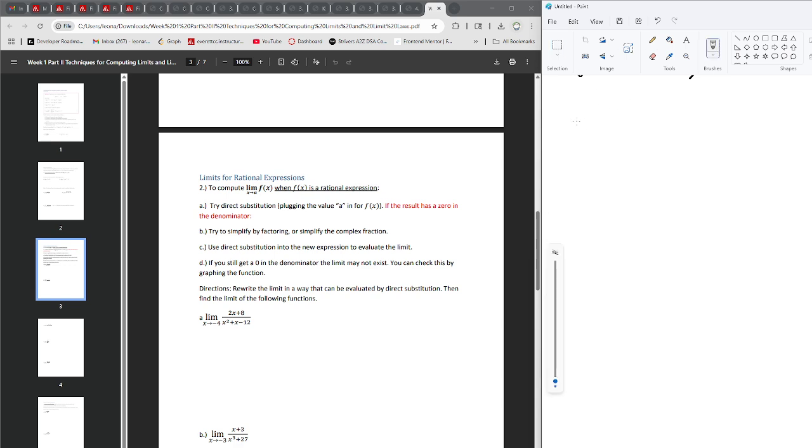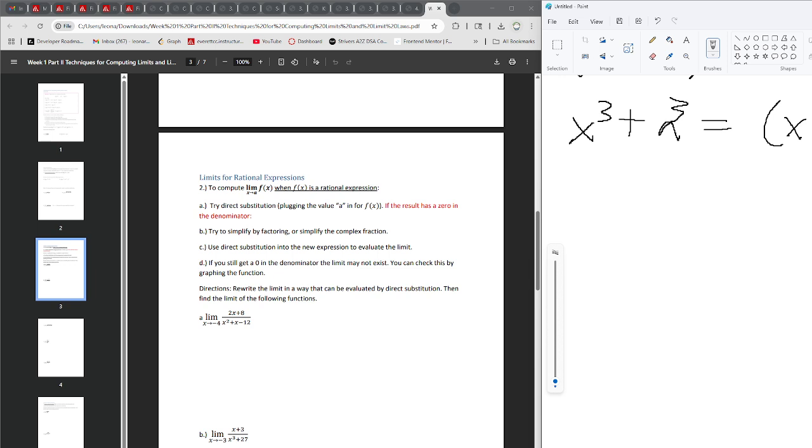We can say x cubed plus a cubed is equal to x plus a times x squared minus 2ax plus a?